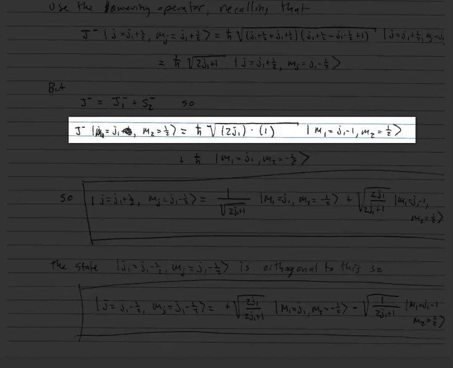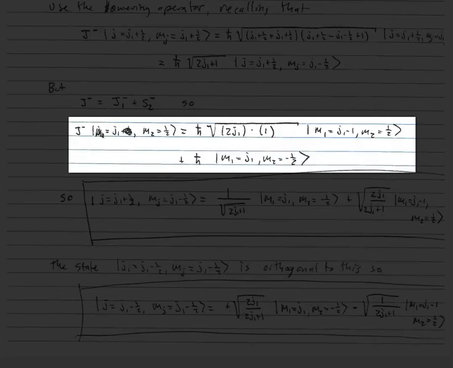Again, we have to use our formula, and we're going to get that it has an h bar times the square root of j1 plus mj, which is 2j1, times j1 minus mj plus 1, which is 1. So we're going to now get a square root of 2j1 times the state m1 equals j1 minus 1, m2 equals a half. And then when it acts on the second term, because that's spin 1 half, we just flip the spin and multiply by h bar. So we get h bar m1 equals j1, m2 equals minus a half.